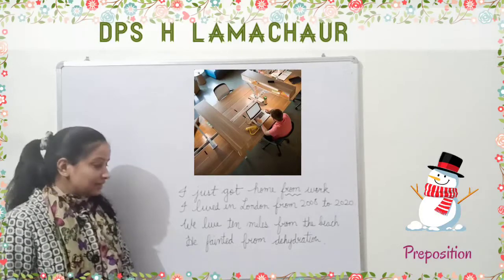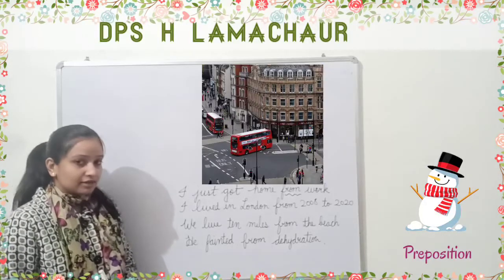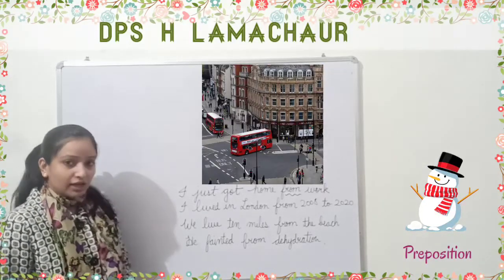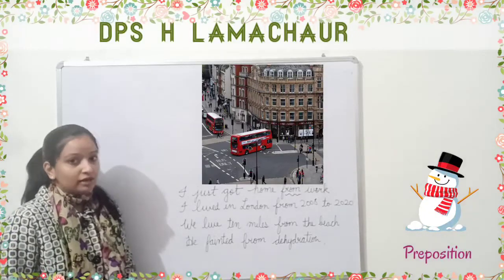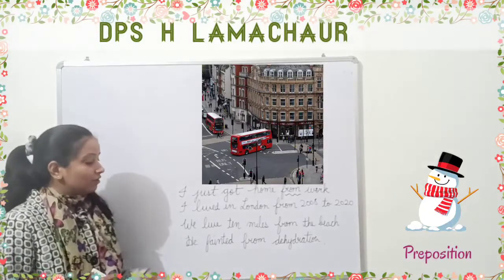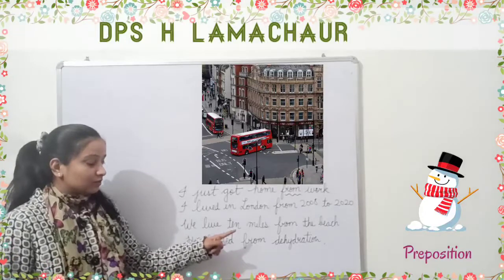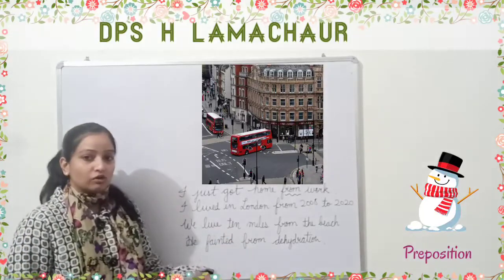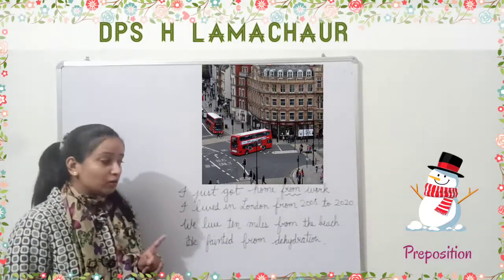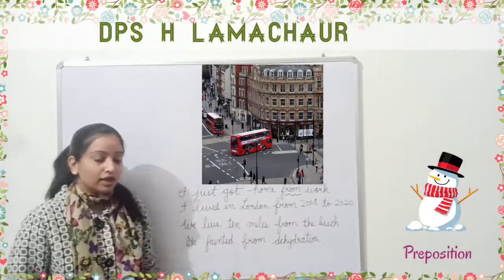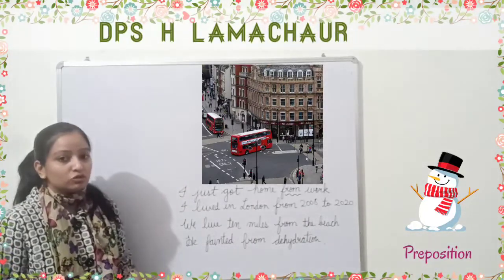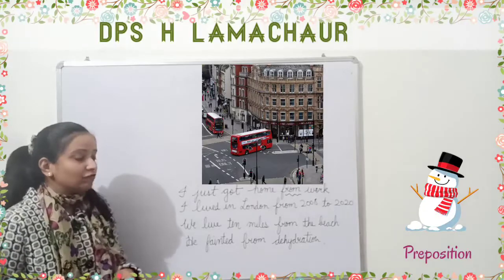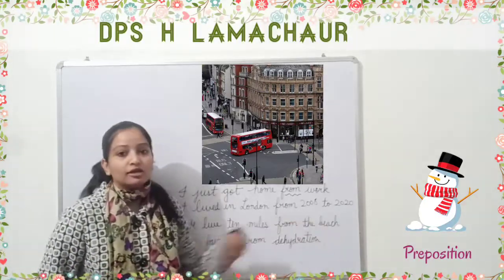Like in the next sentence, I lived in London from 2008 to 2020. Here you can see I lived in London from 2008 to 2020. Which is the starting point? 2008. So for the starting point we use from, and for the ending point we use to.